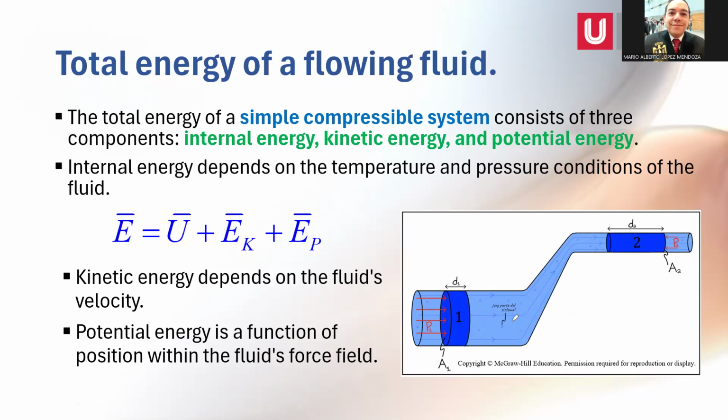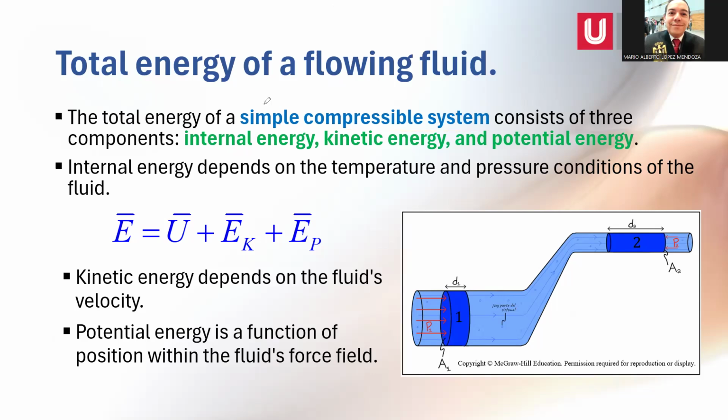So you remember from your basic thermodynamic course, we can define the total energy of a simple compressible system. Remember that a simple compressible system includes just three components in its energy.